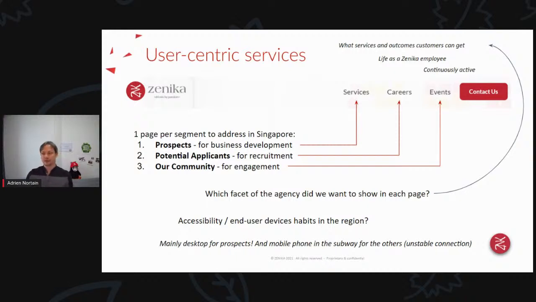Once we have that, another thing in terms of eco-design is that we don't want people on the desktop to have more information or better user experience than those on mobile. We want to have an experience that is the same, basically, on desktop and on mobile.